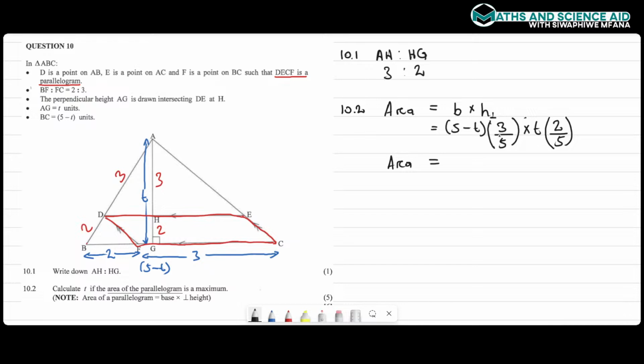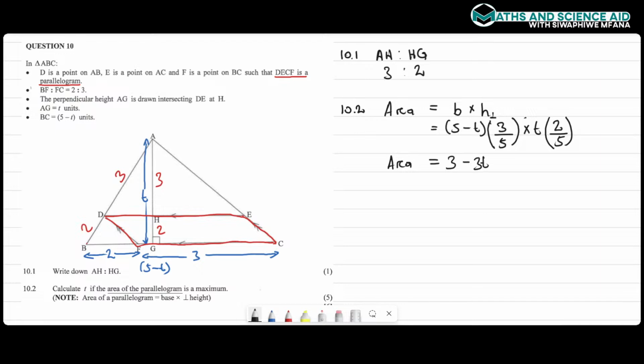So I think now what we can do, maybe let's start by expanding these two brackets. So what is 5 multiplied by 3 over 5? Well, that will be 3 because the 5s will just cancel each other, right? So that will be 3. And then what is negative t multiplied by 3 over 5?